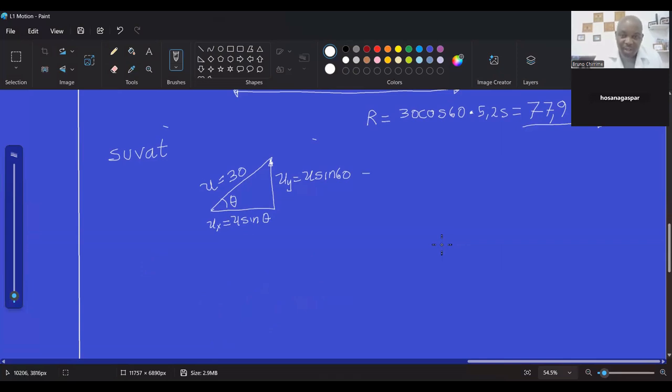So here, u sine theta, what does it give us? So u is 30, sine 60 gives us 25.9, so approximately 26 meters per second. And what about the cosine for the horizontal?